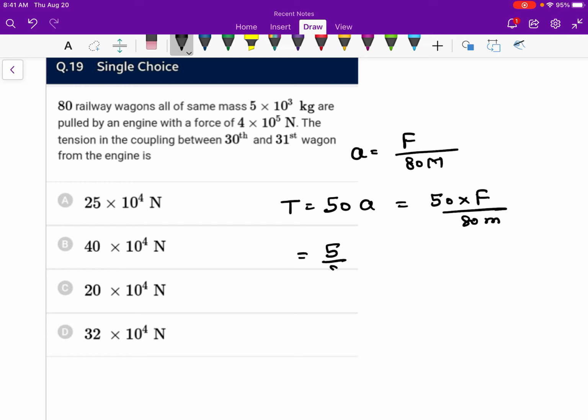So that is 5 by 8 into F. F is 4 into 10 to the power 5 and M is 5 into 10 to the power 3. So 5 into 40 into 10 to the power 4, so 2200 Newton. There must be some mistake in the data, okay.